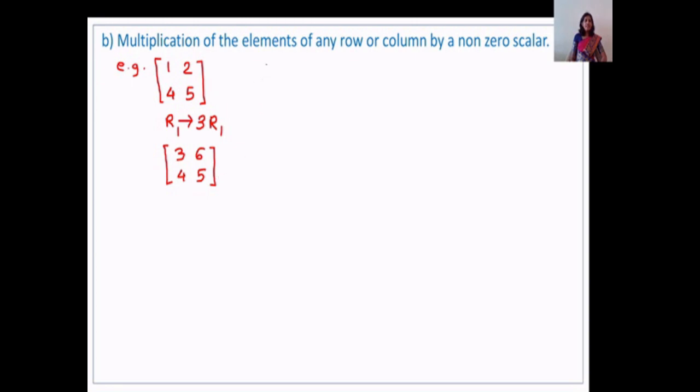Suppose there is another example. So second example, suppose there is 1, 3, 4, 2, 1, 1, 3, 6, 2. Now our transformation is C2 implies minus 5 C2.